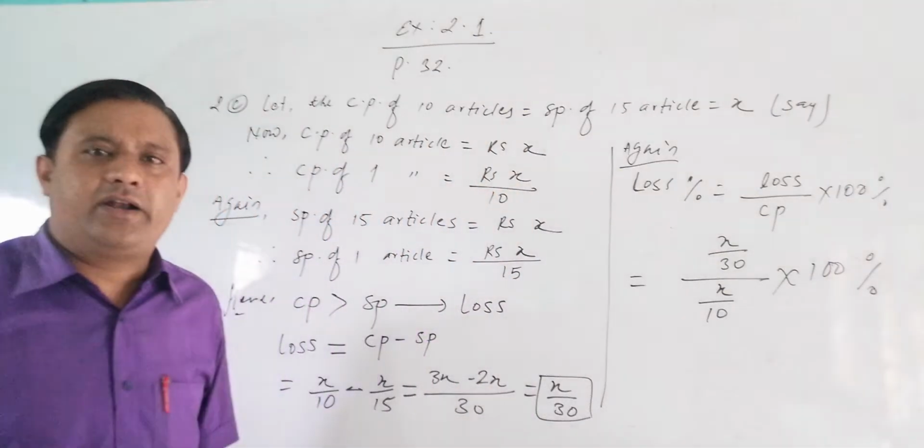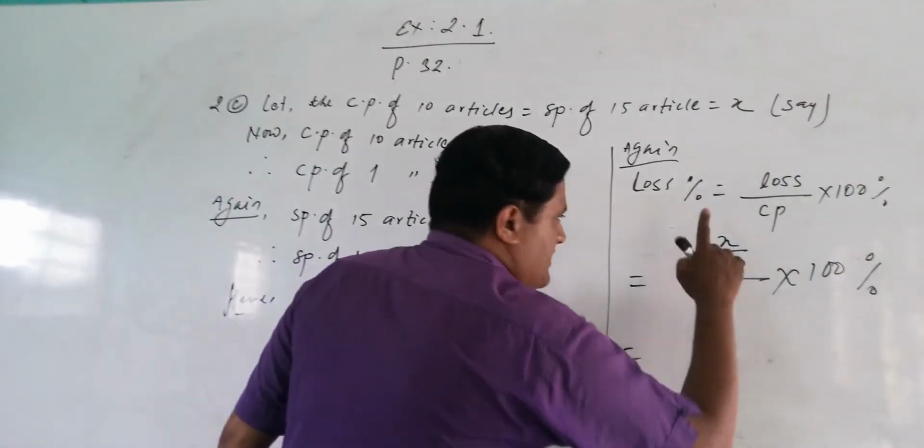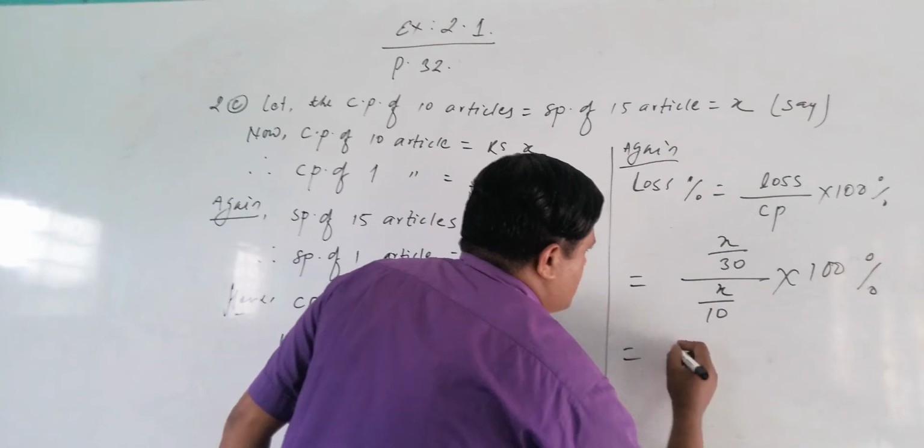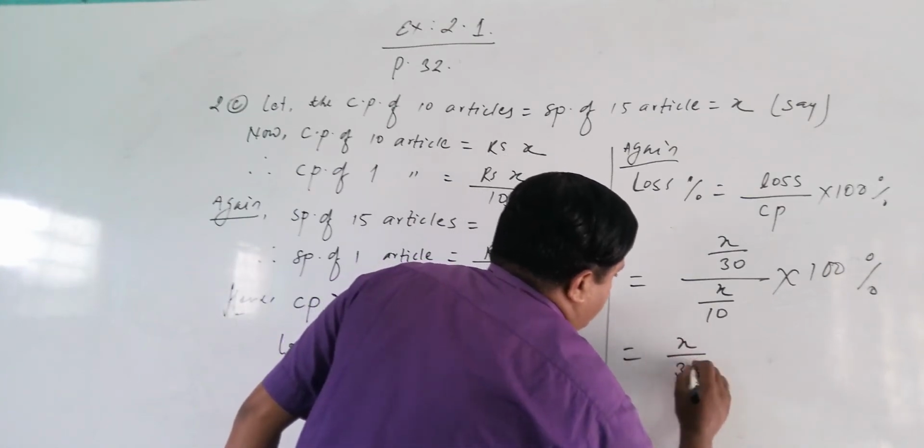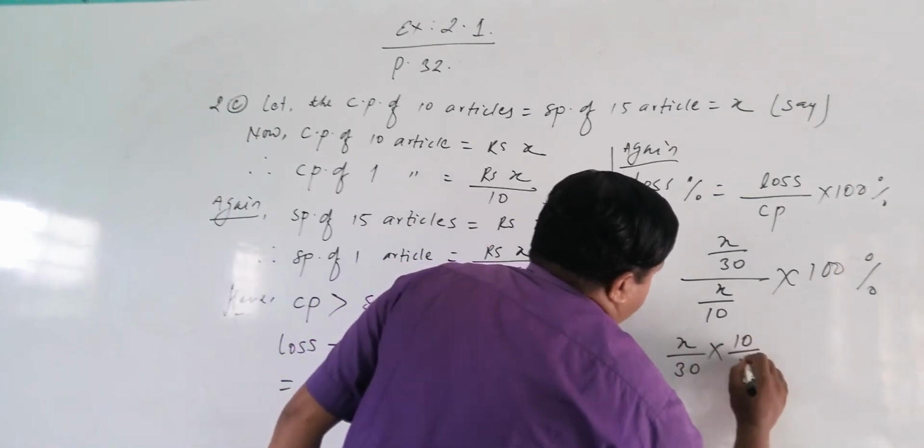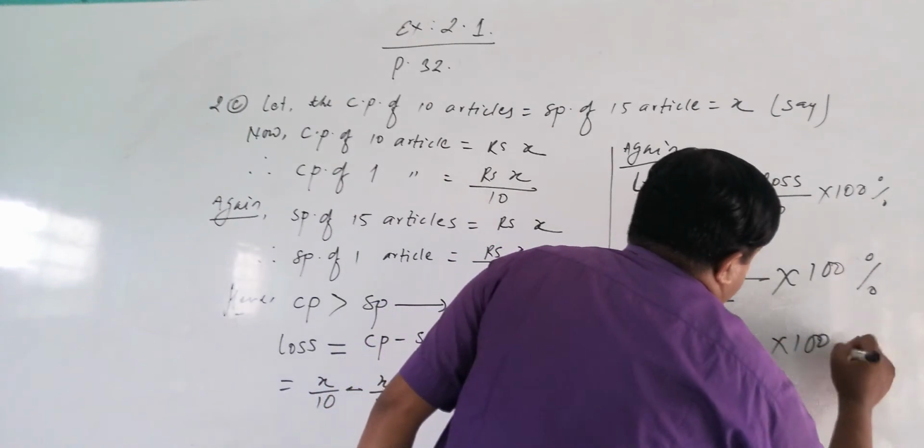Now we take the reciprocal: x by 30 into 10 by x into 100%.